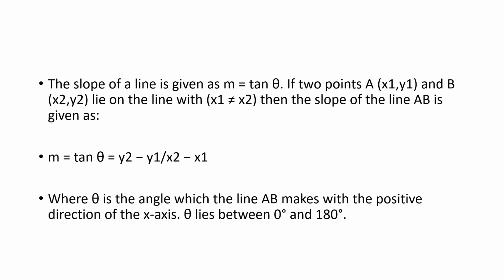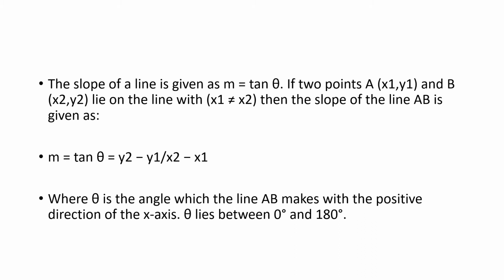We are given two points, point A and point B. The coordinates of point A are x1, y1, and in the case of point B it is x2, y2. We have to understand here that x1 is not equal to x2.